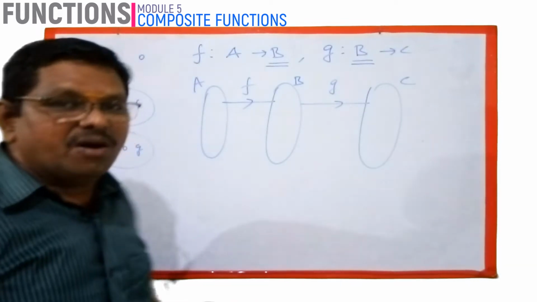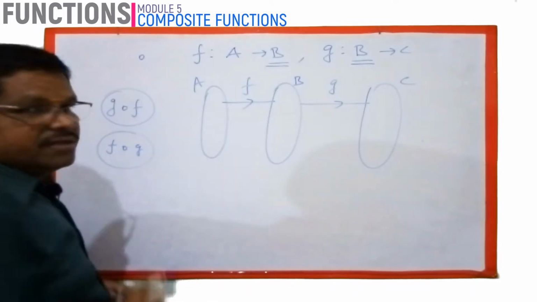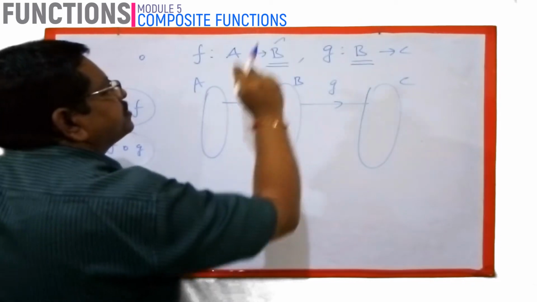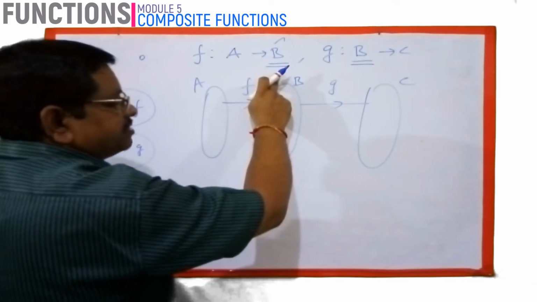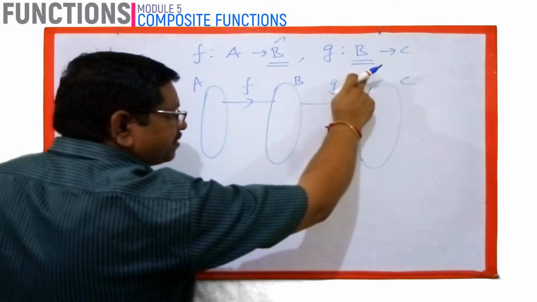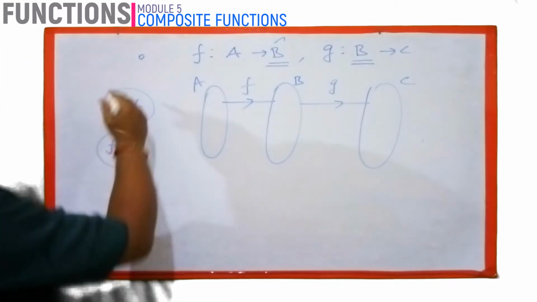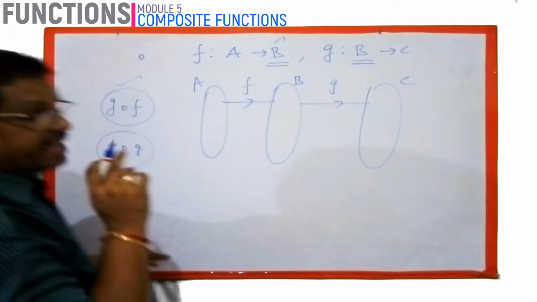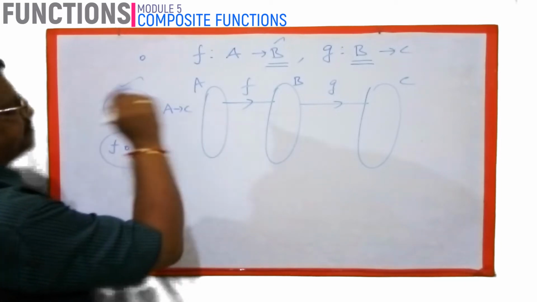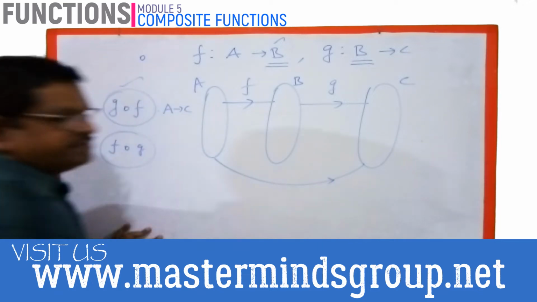Now what is g composite f? Remember, function f is from A to B, function g is from B to C. Already I said that the range of the first function and the domain of the second function should be the same. If it's so, this composite function g composite f can be defined from A to C. So here we will make the link.